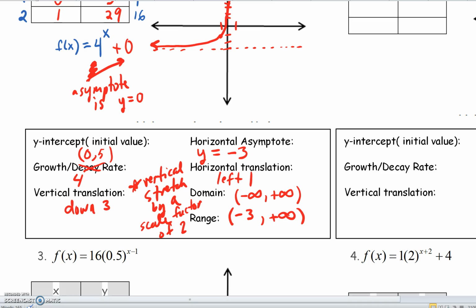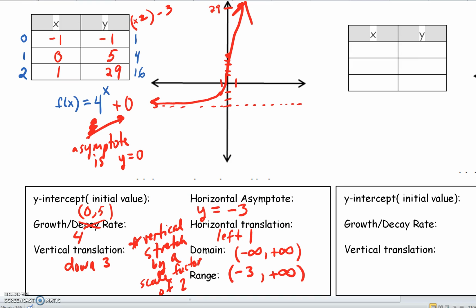Alright, and that is graphing exponential functions. That should give you every piece of information and tool in order to graph the next series of functions.